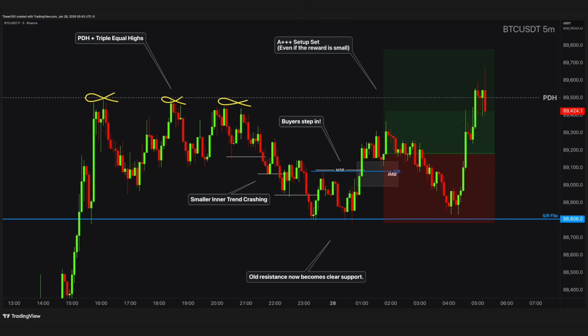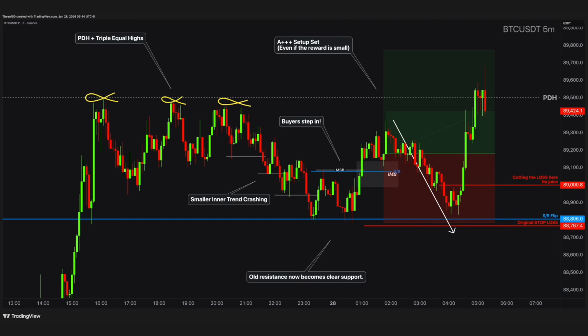Even though the reward on this trade was somewhat small, it was still a very high quality and well-defined setup. The issue with this price action though was that price pulled back very aggressively right after our entry. It almost came back far enough to hit our original stop loss, which definitely adds mental pressure.